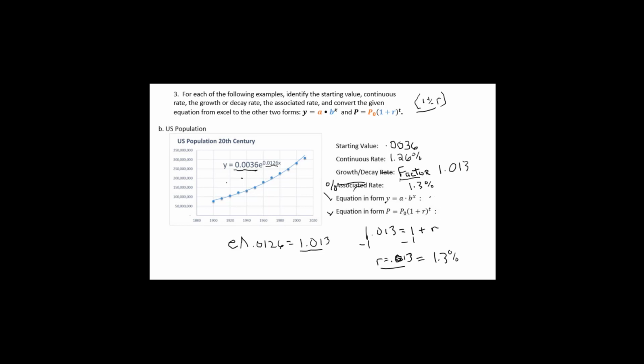Okay, so now for this form, you have the output equals the starting value, which is 0.0036, times the factor.